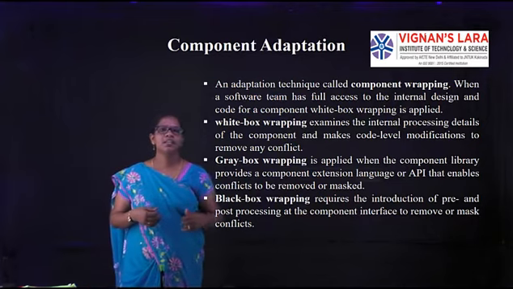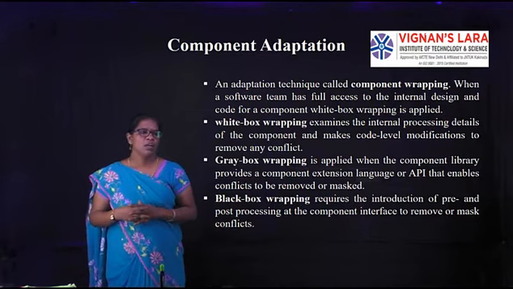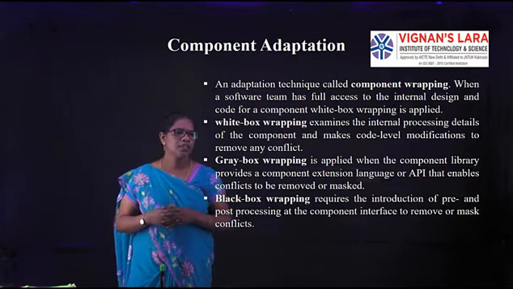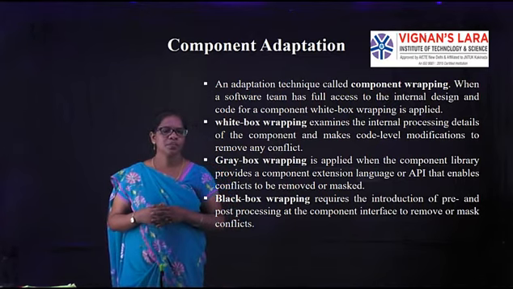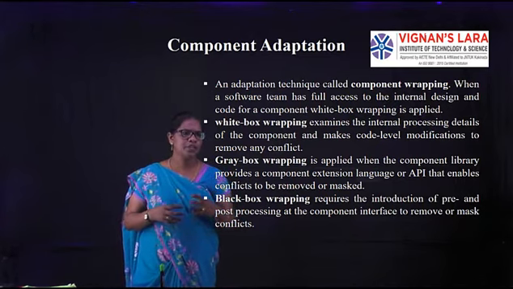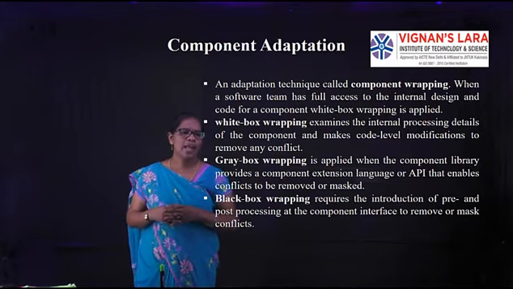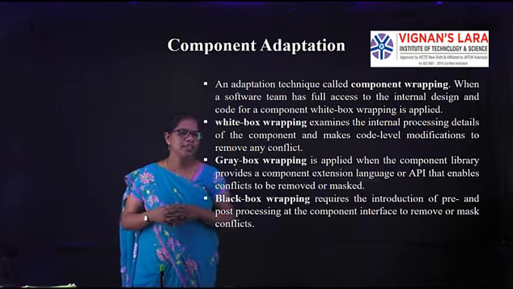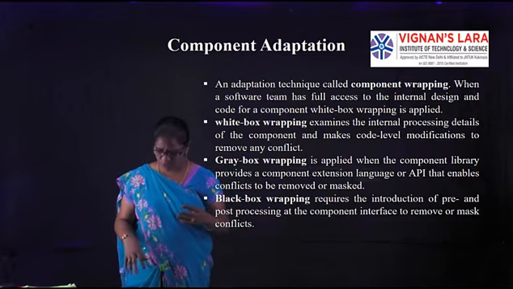The next one is black box wrapping. What is black box wrapping? It requires the introduction of pre and post processing instructions for the component interfaces to remove or mark the conflicts. Black box wrapping is required when there is a need for pre or post processing of the components.